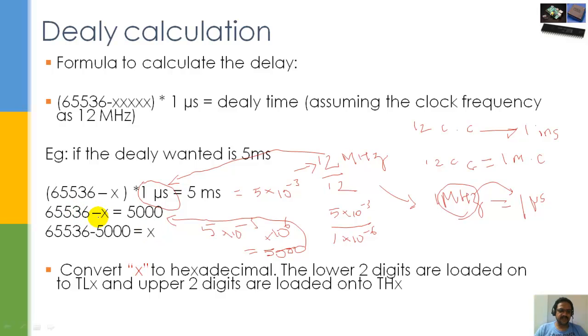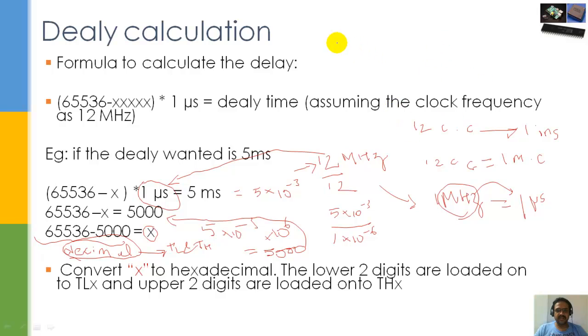Okay, so 65536 minus X is equal to 5000. What is X equal to? Take this X on the other side, bring the 5000 on this side. 65536 minus 5000 is equal to X. Now this is decimal. I told you TL and TH will have a hexadecimal number. So convert this decimal number into hexadecimal.